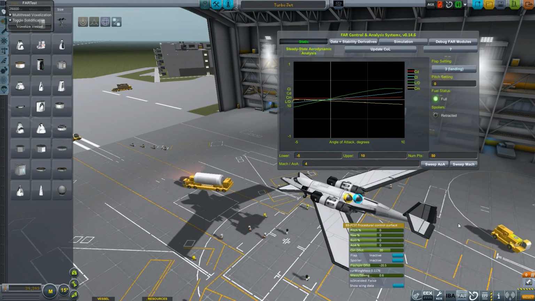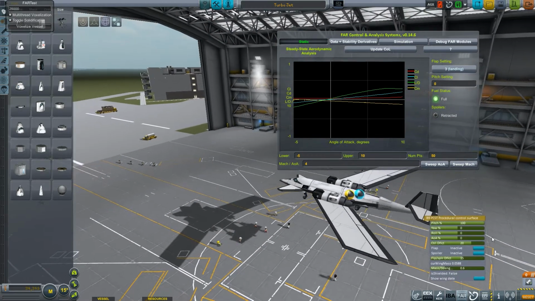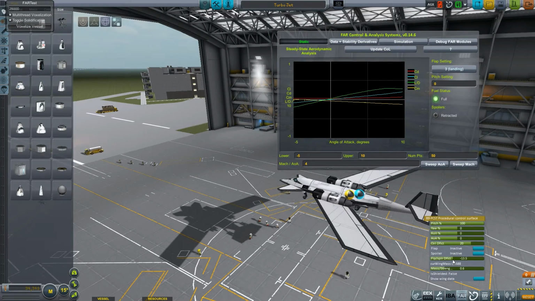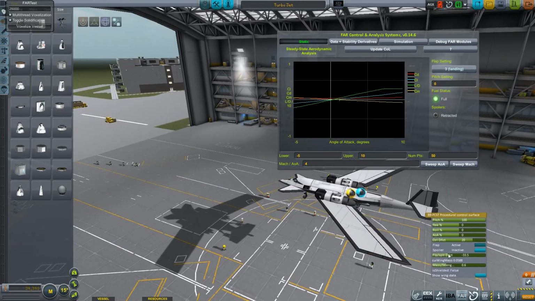And then we'll try flaps on the rear horizontal stabilizers. Well, I guess we'll leave pitch on. Activate flaps. And you can see that moved us up quite a bit. We could increase these a little bit more. And now we're way up.